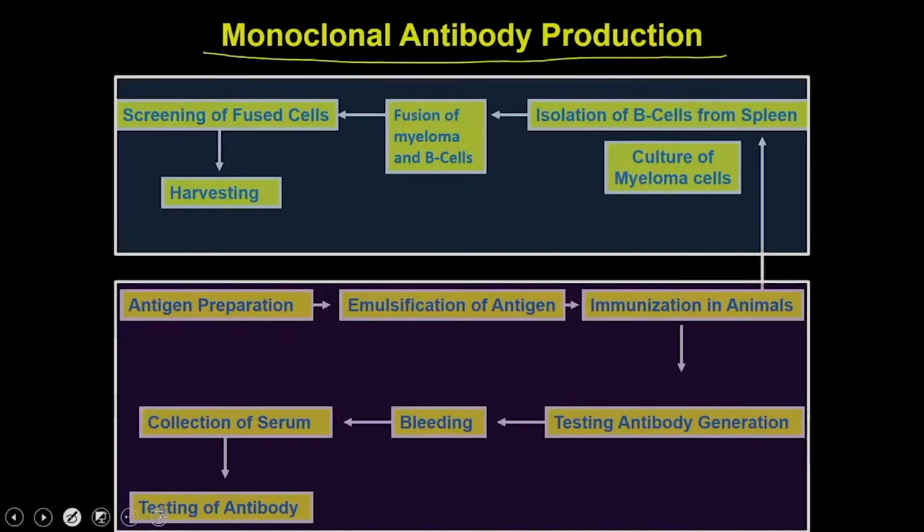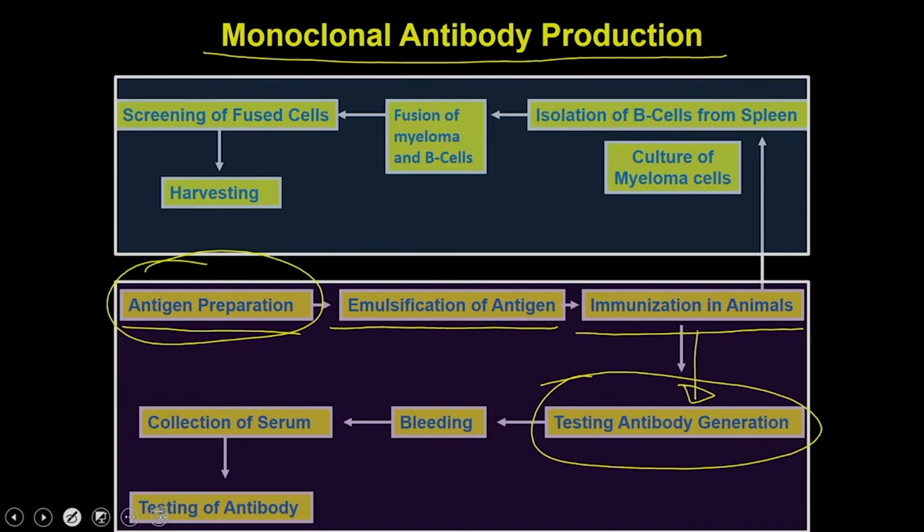In monoclonal antibody production, you first produce the antigen in large quantities, then emulsify this antigen to make it ready for immunization. Then you immunize the animals, test whether the antibodies are being produced, do the bleeding, collect the serum, and then test the antibodies.